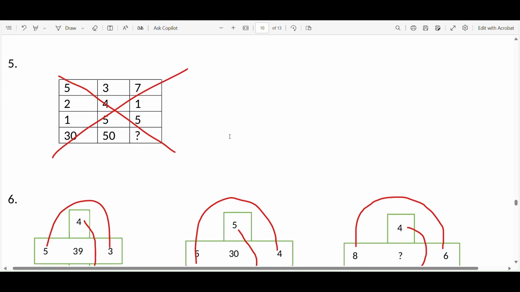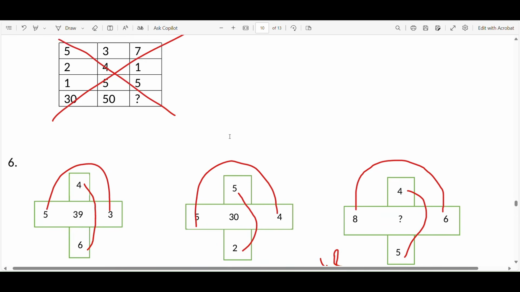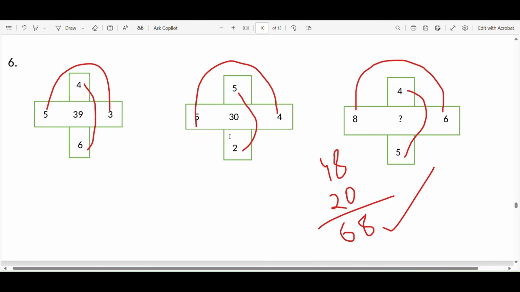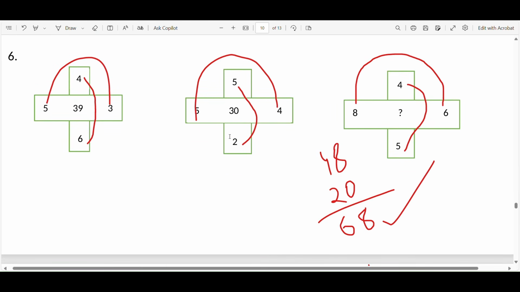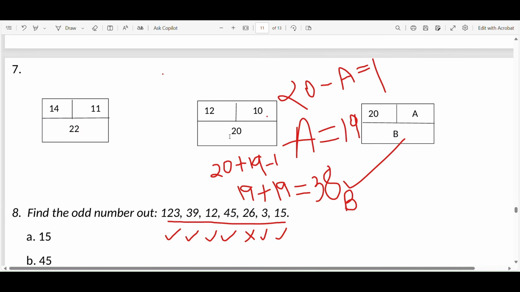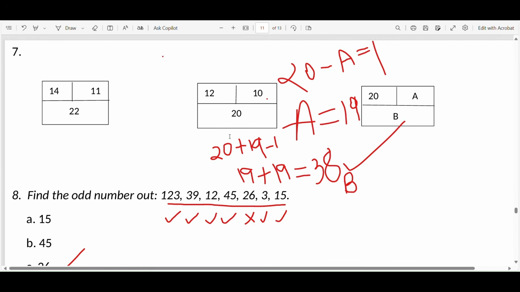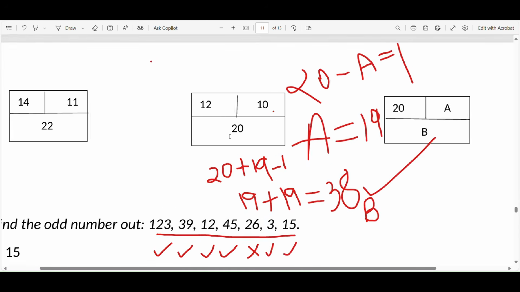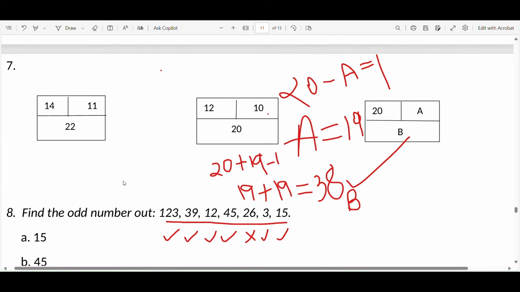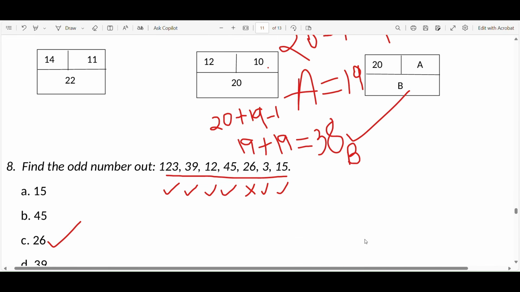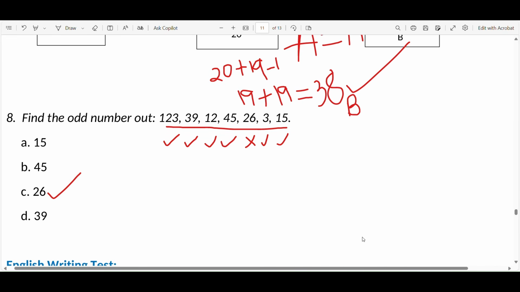Yes, the fifth one was a wrong answer, so wrong question itself. So this is the sixth one. And this is the seventh question, up to here itself. This is the eighth question again. So this is the eighth one.